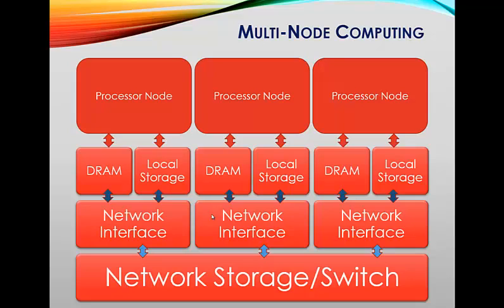So basically, you would create a network backbone. So you would have your network storage and your network switches, and then you would have each locality of your computing units interface with this network through a network interface. Each of those will have their own dynamic RAM and local storage with their own processor nodes, which could be any kind of processing unit.